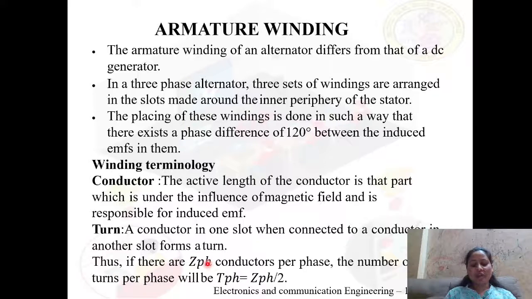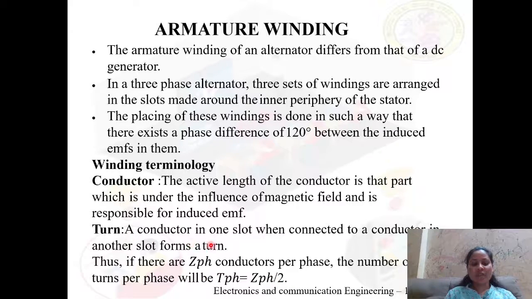We know that in a single turn there will be two conductors. Therefore, the total number of turns in a single phase is equal to the number of conductors in one phase divided by 2. So let me just repeat it.